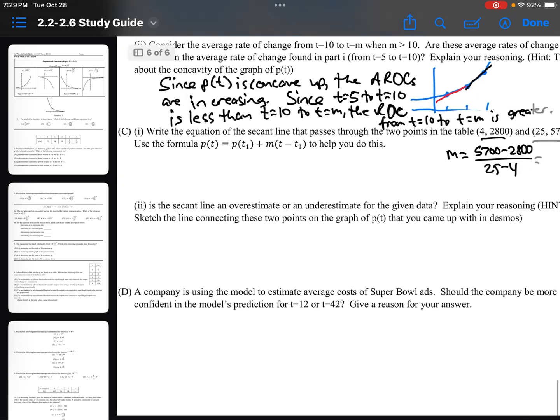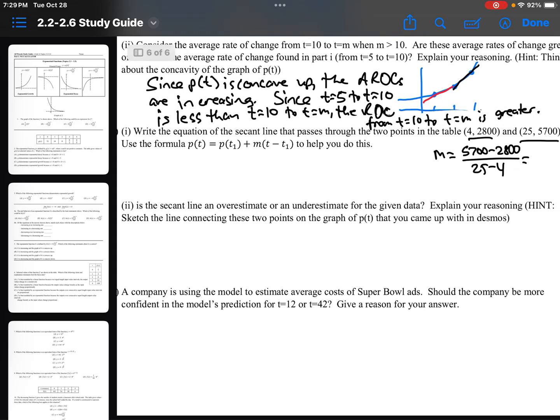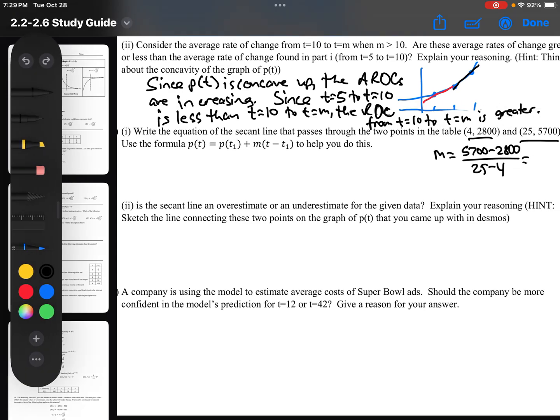And then for my T1, I'm going to pick this first ordered pair that we have. So I'm going to do 2,800 plus my M times T minus 4.